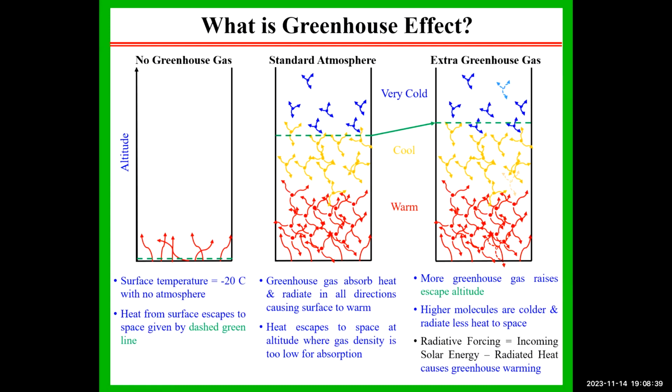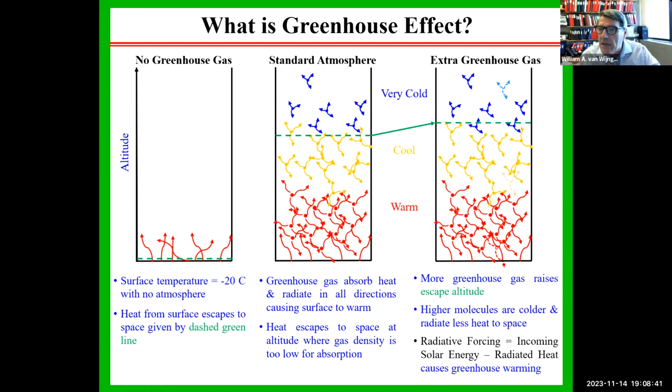If you had an atmosphere where the temperature was the same, an isothermal atmosphere, there would be no greenhouse warming. Finally, you could ask, what happens if the temperature increased with altitude? Well, then you would get a forcing imbalance the other way. You would get more radiation emitted to space than came in, and that would result in global cooling.